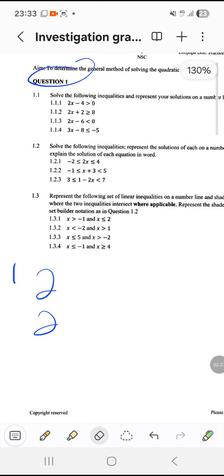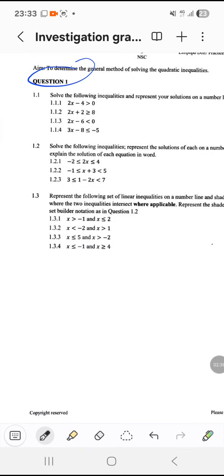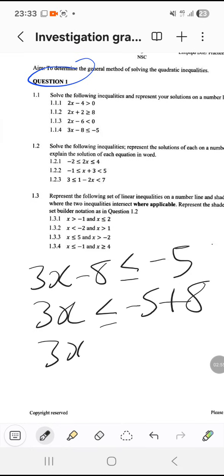The last two, 1.1.3 and 1.1.4. So 1.1.4, we have 3x minus 8 less or equal to minus 5. 3x, the inequality, minus 5 plus 8. 3x greater or equal.